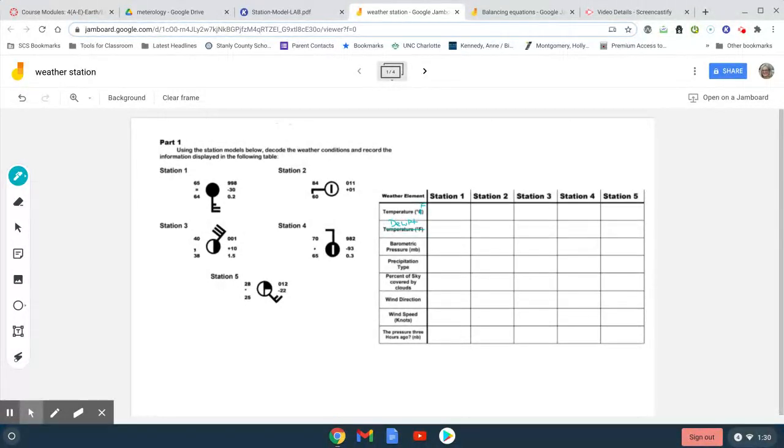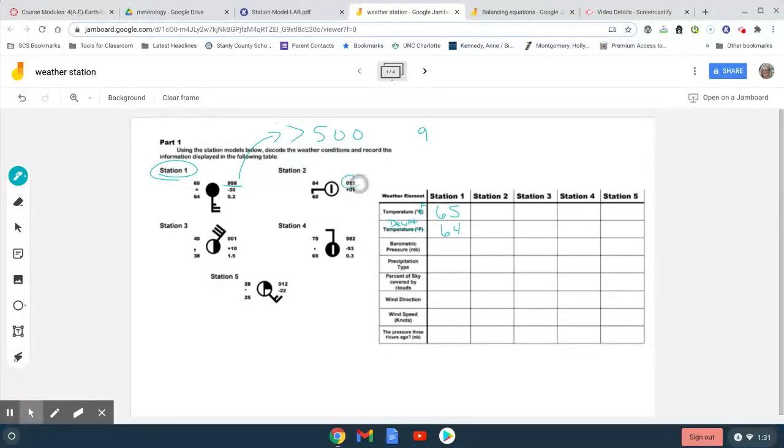So for Station 1, I am going to get temperature, it is 65, dew point is 64, barometric pressure right here. If this is greater than 500, you're going to add a 9 in front of the numbers, and then a decimal between the last 2 numbers.